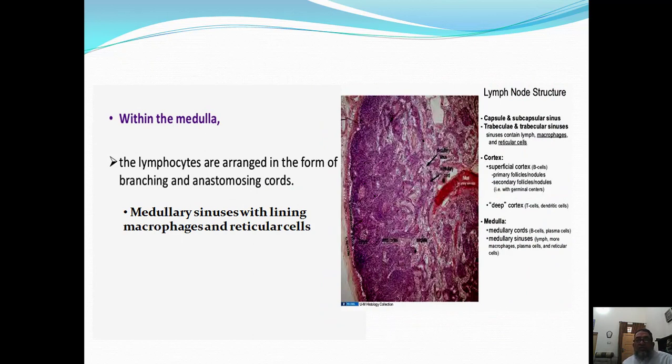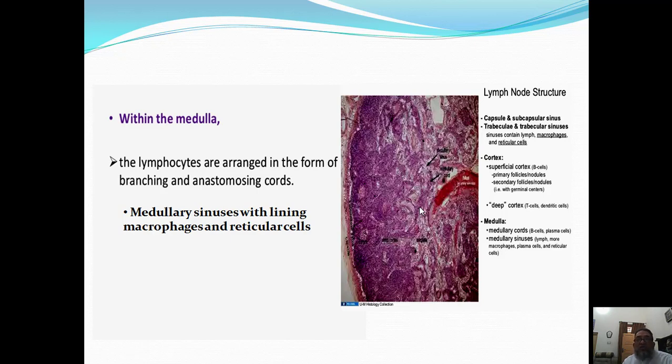This is again a stained cut section of a lymph node. The lymphocytes are in branching anastomotic cords within the medulla. The medullary sinus is lined by macrophages and reticular cells. Now look at the picture. This is the medullary area. This is the hilum, with loosely arranged cells in the form of cords. The cord is lined by macrophages and reticular cells.